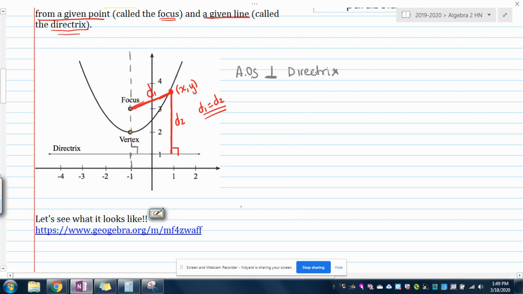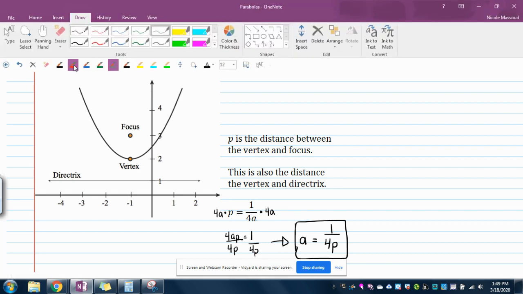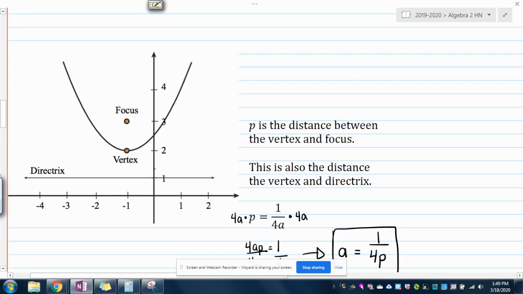So let's talk about that distance away from the vertex. That distance is called P. So this right here is P. So this distance right here is called P. That means that the distance from here to here also, which is this point, is also P, but we would call this negative P because it goes in the opposite direction.